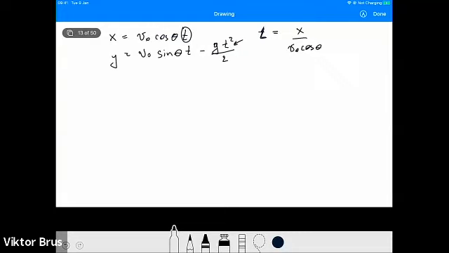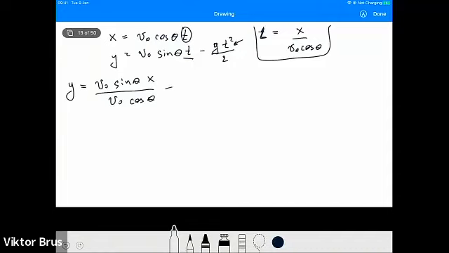So y is equal to v naught sine theta multiplied by x divided by v naught cosine theta.